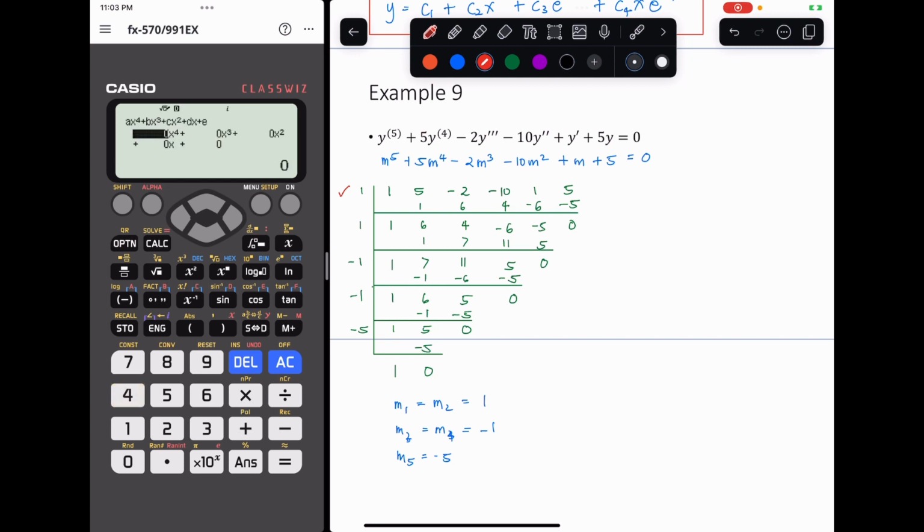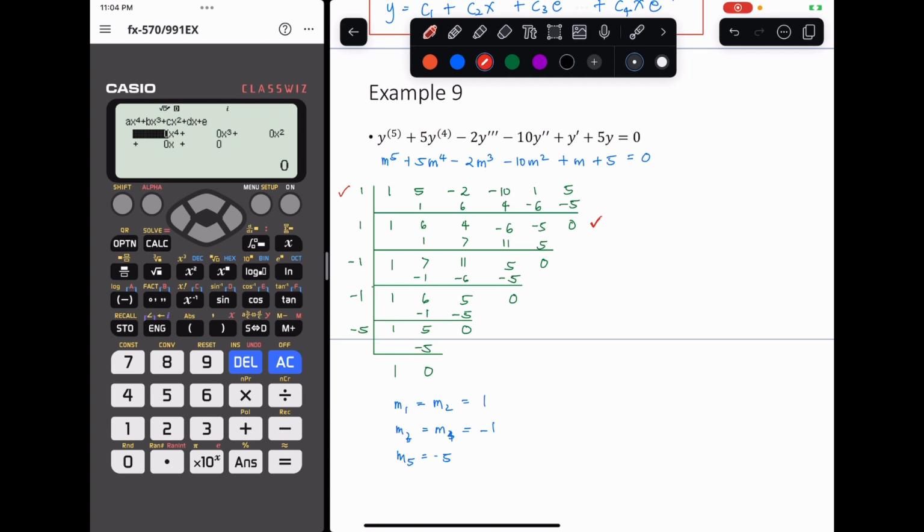So the coefficients that you're going to include this time would be these, after subtracting from the original coefficients. This is already a fourth degree equation. So that's to check whether this 1, -1, -1, and -5 are correct.